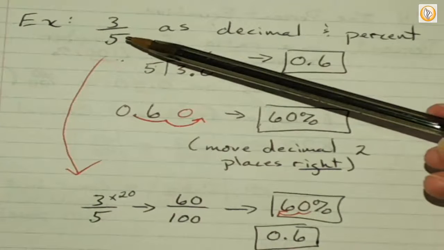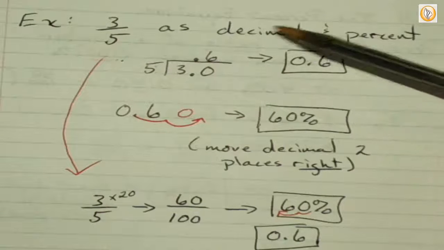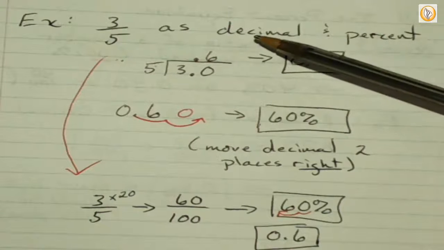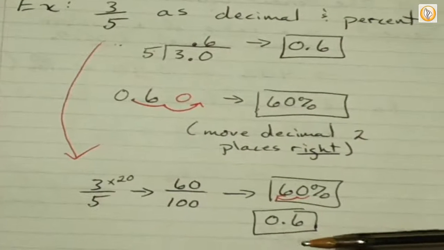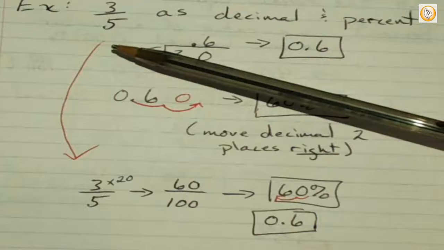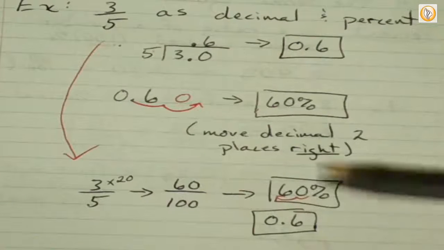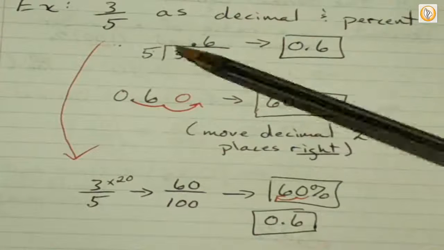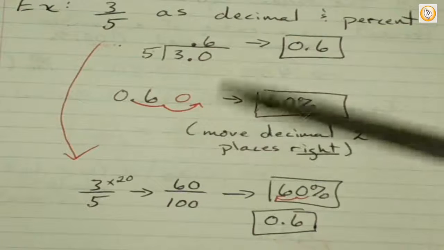But if the denominator can go into 100 evenly, then you can easily find these 2 things that way. This one will always work, whether it can go into it evenly or not.